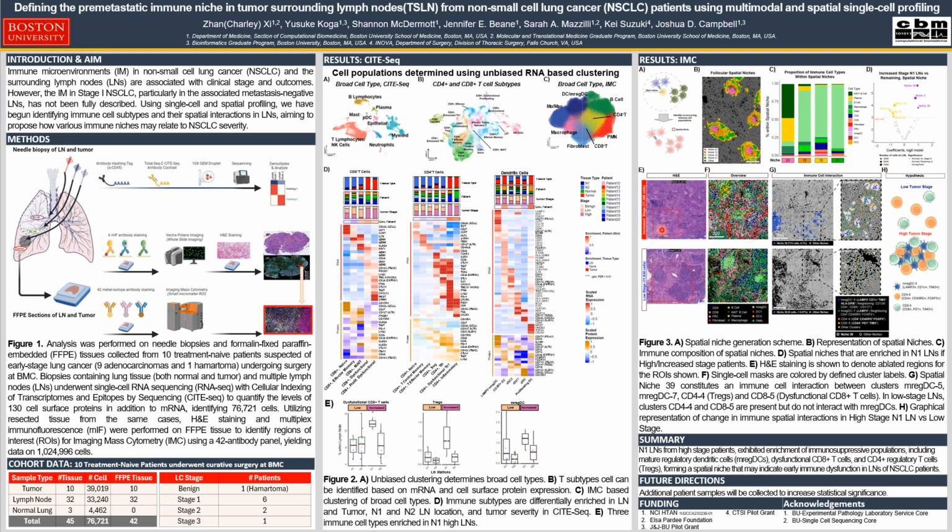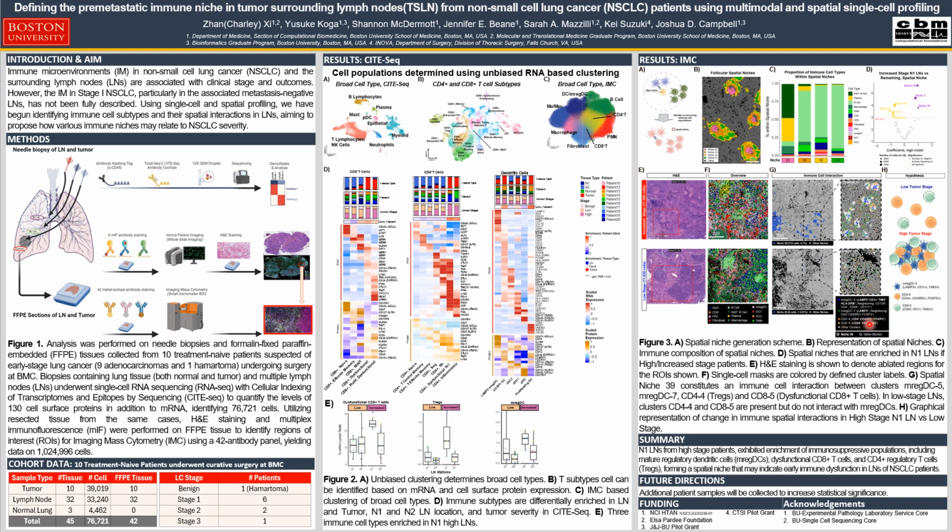So from the H&E, we did the IMC, and here we've identified the different cell populations. And in niche 39 here, we see the appearance of these mreg DCs, CD4s, which are the Tregs here, and then the CD8s.